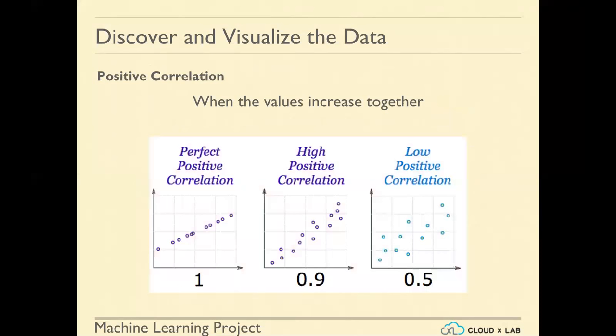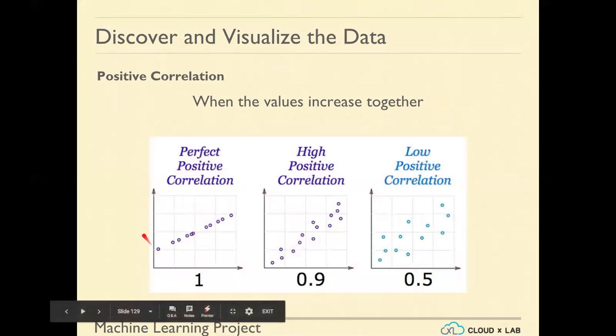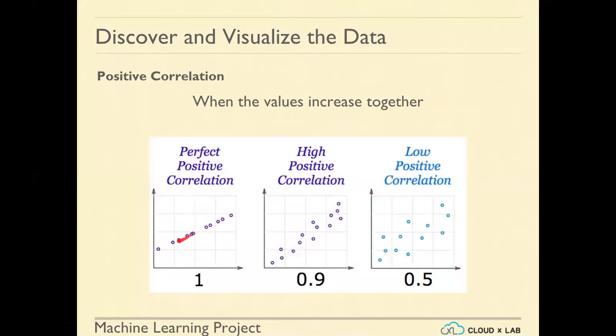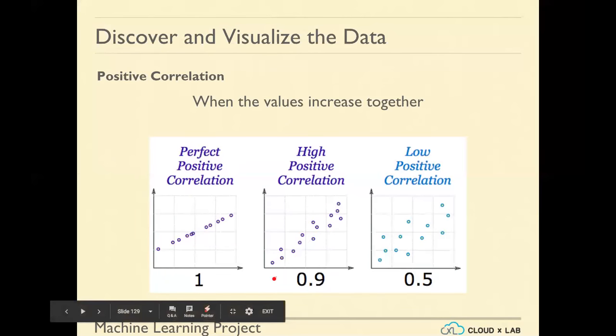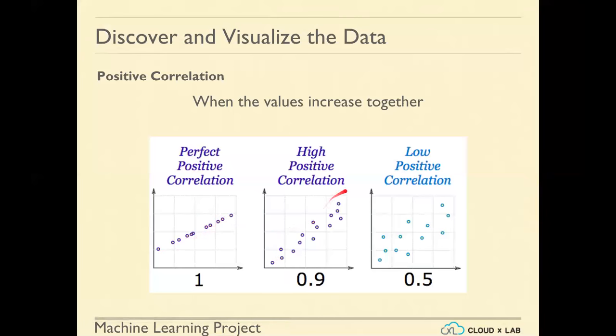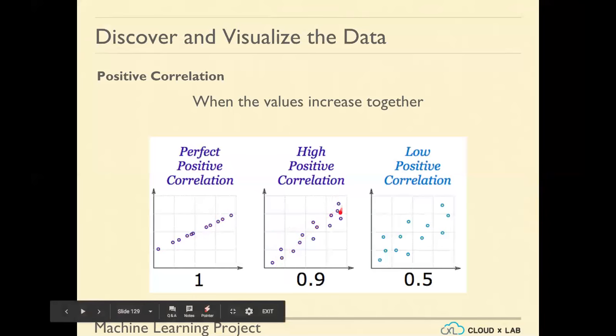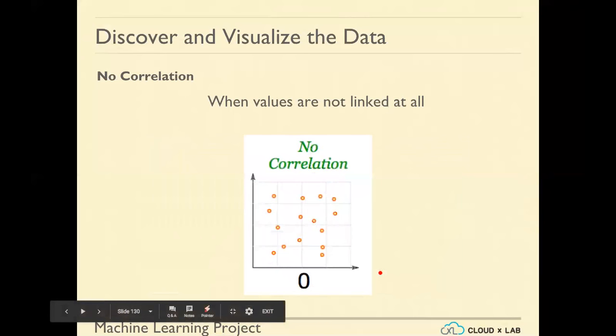Correlation essentially means that if two variables are strongly correlated, the line would look very linear. If there's a not so perfect correlation, but good enough correlation, then very low correlation, and this one is no correlation at all.